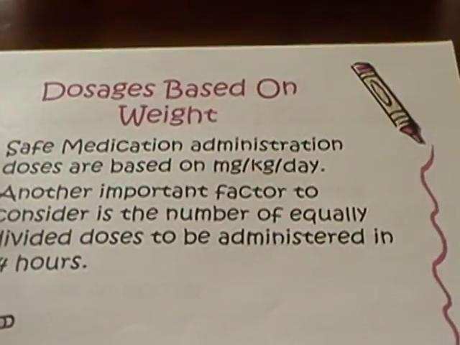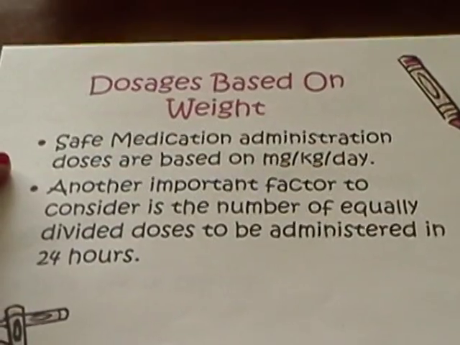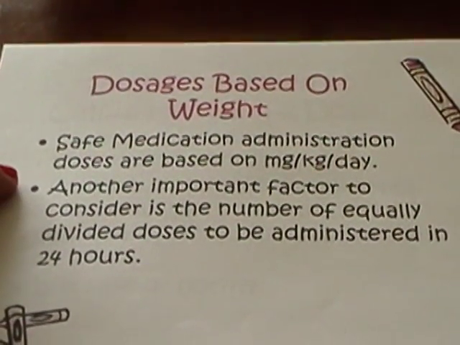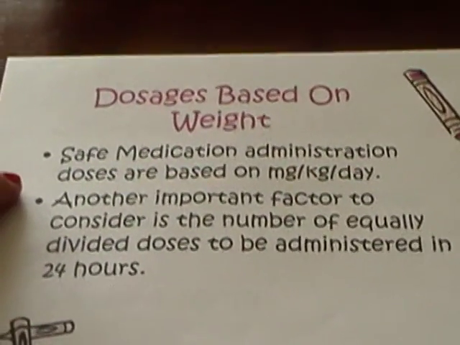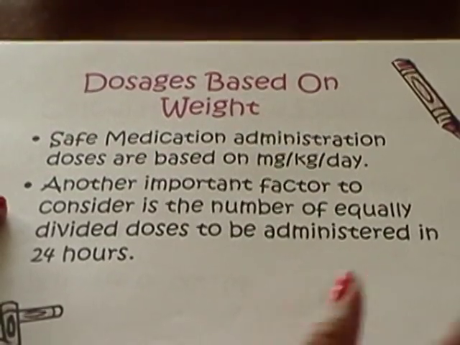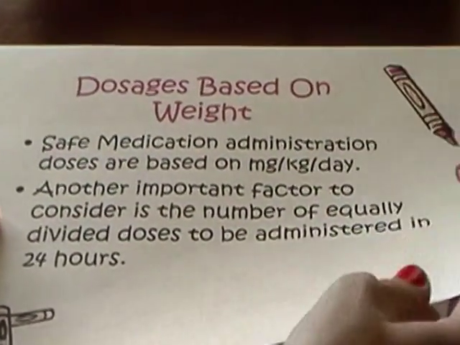Doses based on weight. Safe medication administration of doses are based on milligrams per kilogram per day. Another important factor to consider is the number of equally divided doses to be administered in 24 hours.